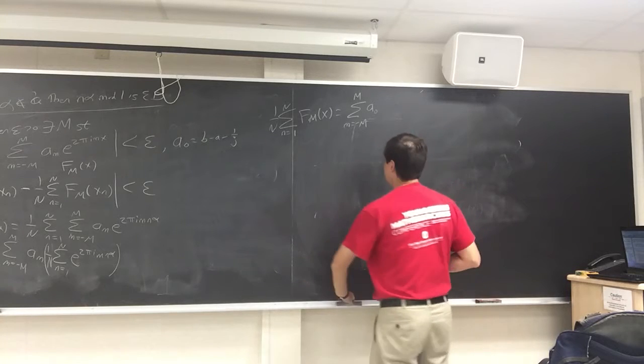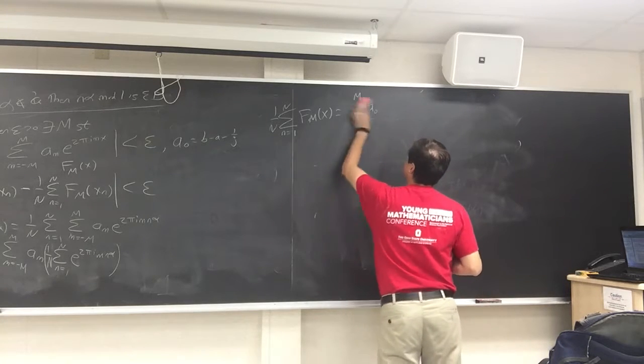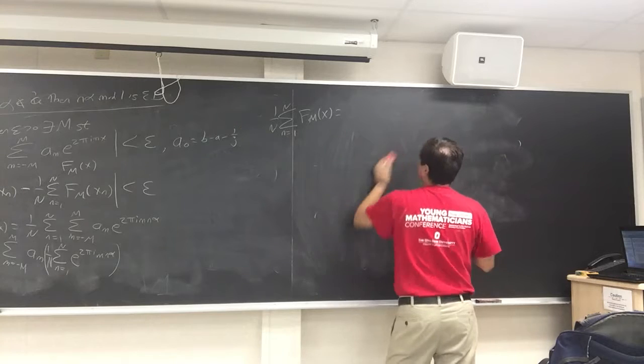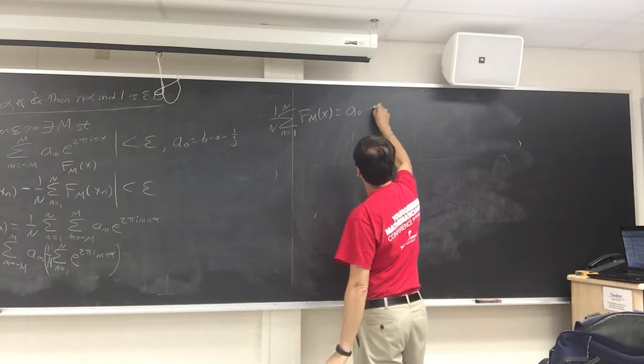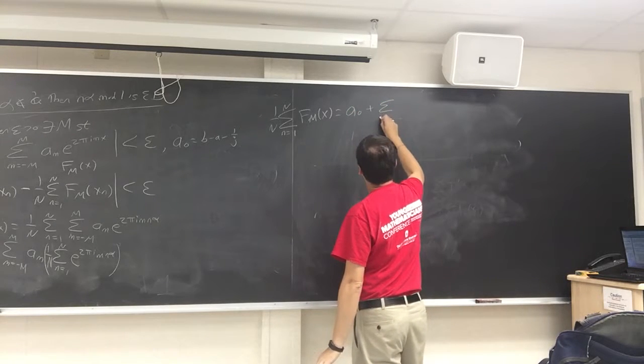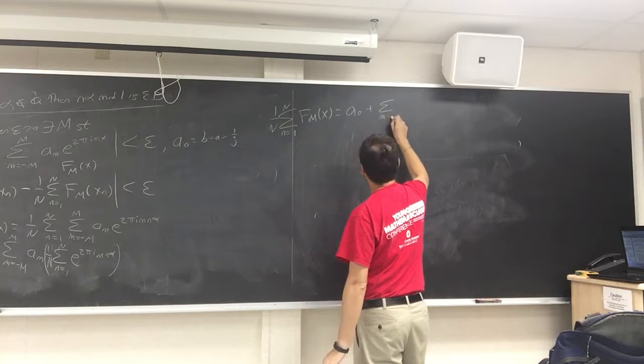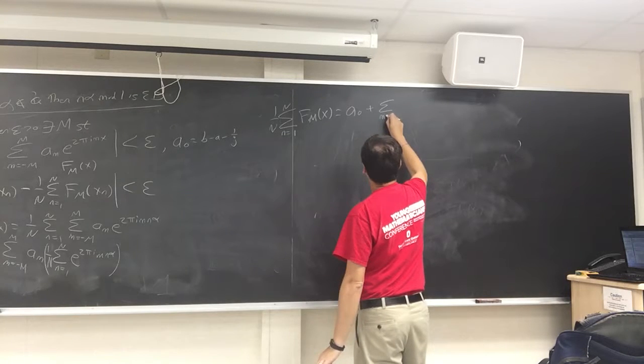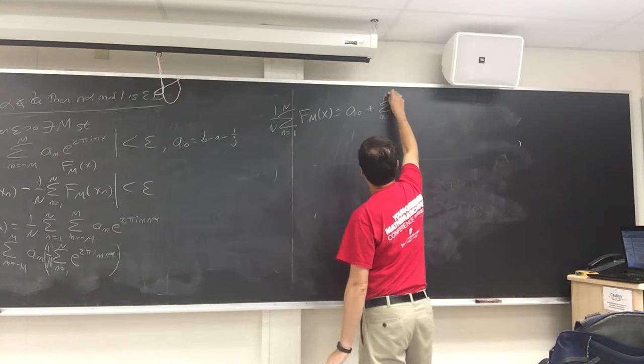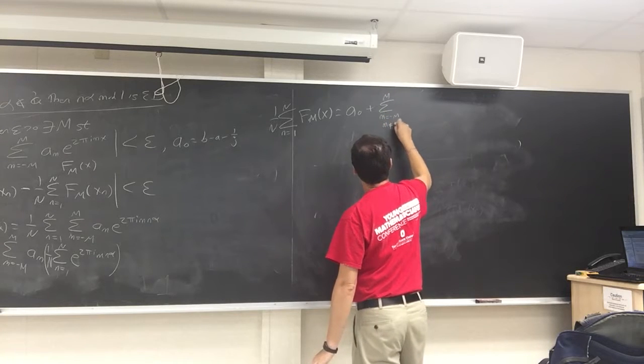Well, sorry, I'm going to write it like this. It's going to be A_0 plus the sum m goes from minus M to M, m does not equal 0.